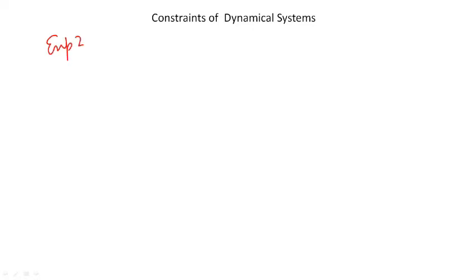Example number 2. Suppose this is the case of a simple pendulum. This is your y-axis, this is your x-axis. The mass of the bob is m, and let us say its coordinates are x and y.